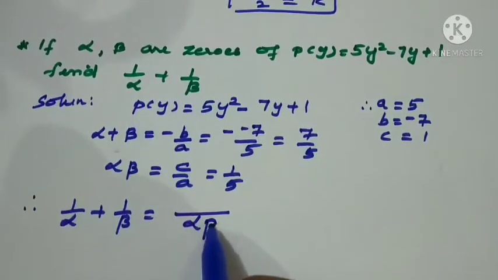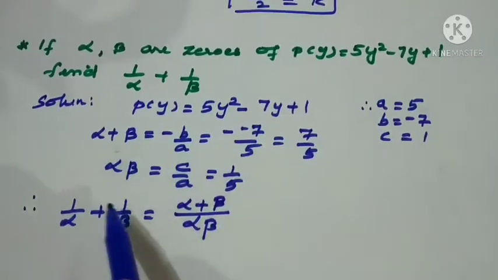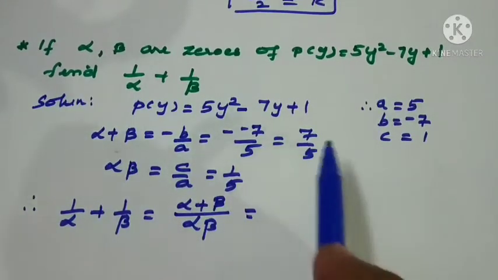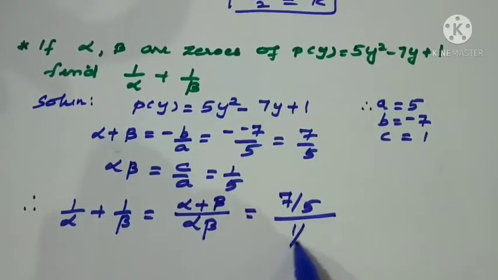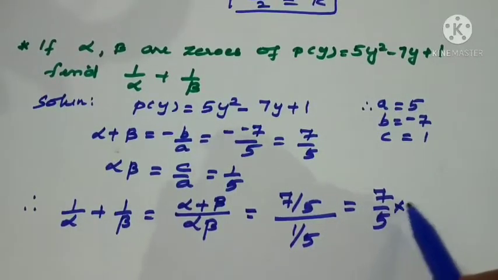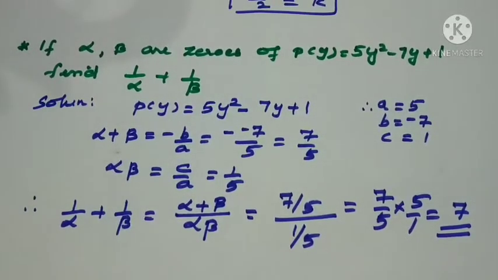It will be alpha beta in the denominator, and the numerator is alpha plus beta, or beta plus alpha, I can write both the same. So alpha plus beta we got the value, that is 7 by 5. Alpha beta we got the value 1 by 5. That means 7 by 5 into 5 by 1 equal to 7. So this is the answer for 1 by alpha plus 1 by beta.